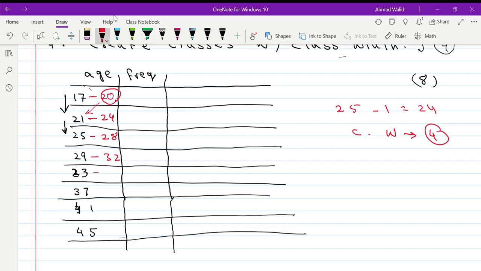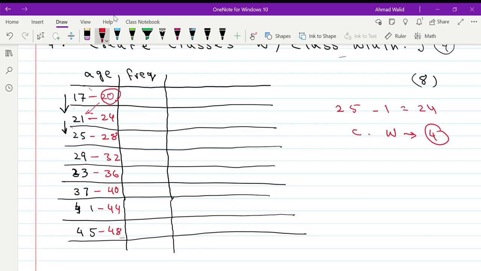Next one 36. Next one will be 40, correct? If you add 4, next one will be 44, and next one of course will be what? 48.